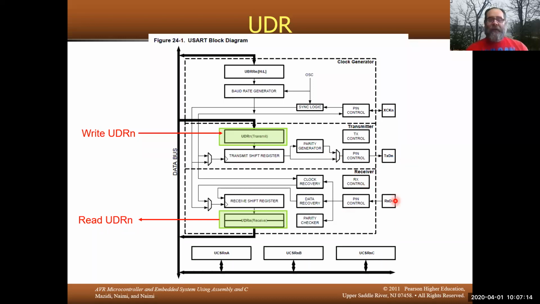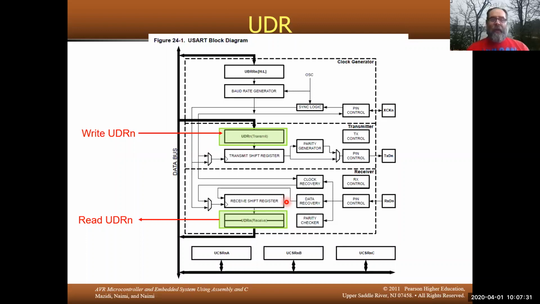In the case of reading, the circuitry in here will take off the start bit and the stop bit, check the parity, and then put it into the shift register a bit at a time.